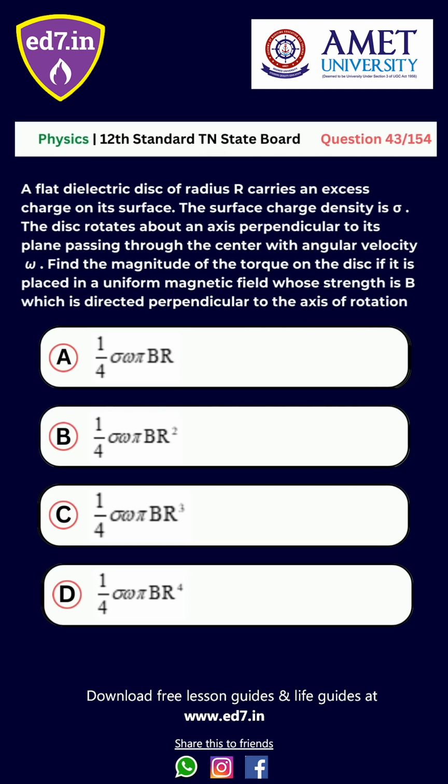Option A, 1 by 4 sigma omega pi B r; option B, 1 by 4 sigma omega pi B r²; option C, 1 by 4 sigma omega pi B r³; option D, 1 by 4 sigma omega pi B r⁴. And the right answer for this question is option D, 1 by 4 sigma omega pi B r⁴.